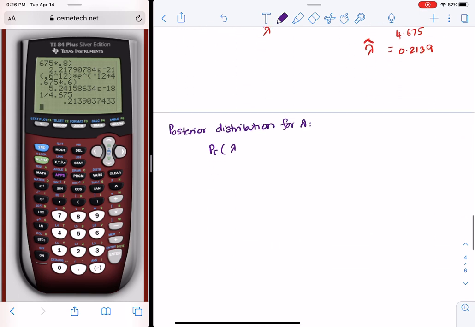So the posterior distribution for lambda is the probability of lambda given the data, and that would be proportional to the likelihood, data given lambda, multiplied by the prior. We know the likelihood in our case is lambda raised to n times e raised to negative n lambda x bar.